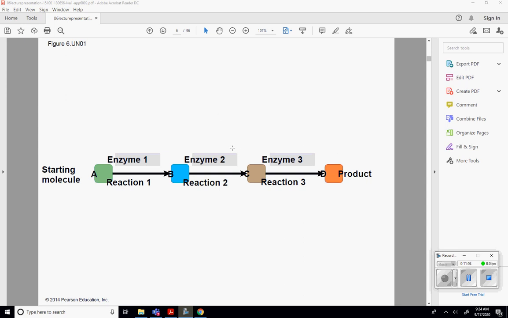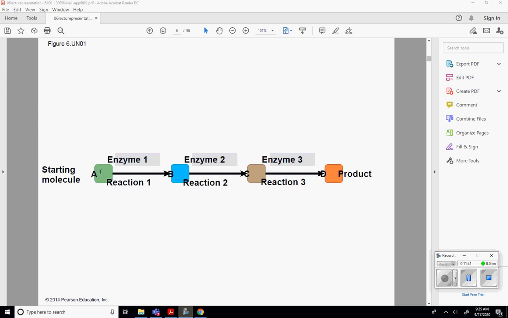The point I want to make is if one of these enzymes doesn't work, like let's say enzyme number 2 doesn't work, then that doesn't affect enzyme 1 and making its reactant, but it does stop 2 and 3 from making this particular molecule from being formed, this square here representing some kind of molecule.